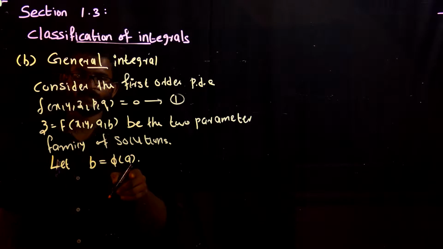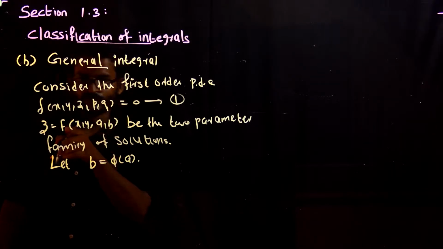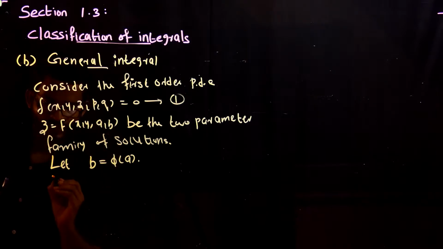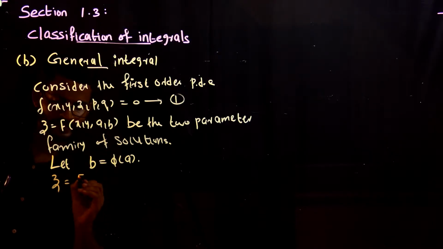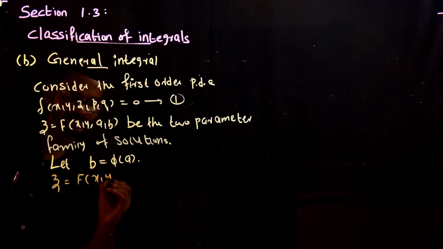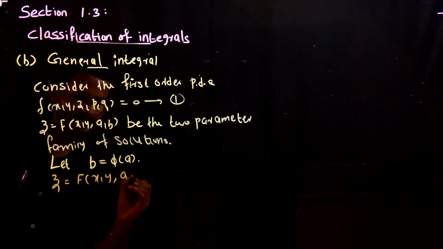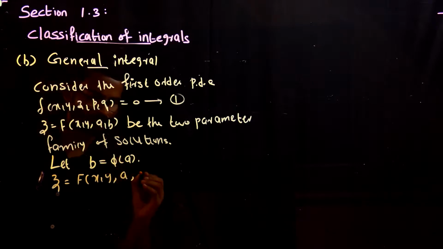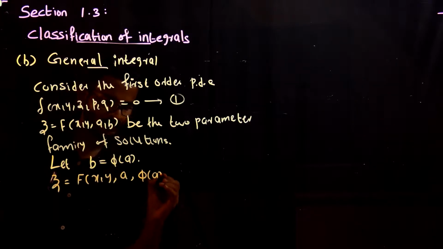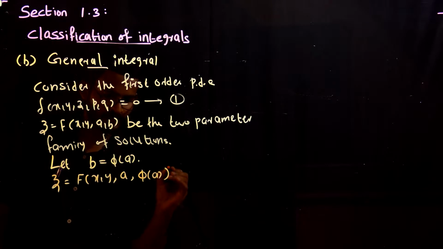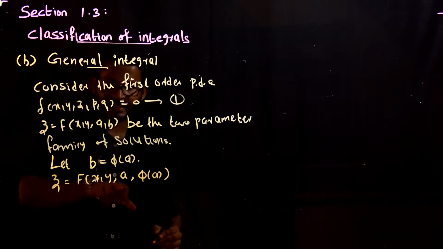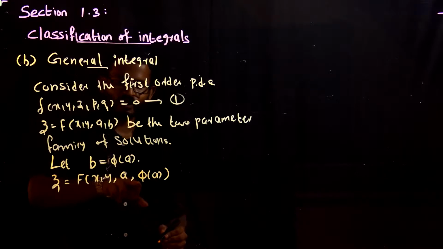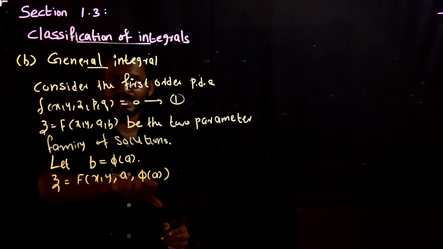Then this two parameter family of solution becomes z is equal to capital F of x, y, a, and we substitute b equal to phi of a. Now this is the solution which has only one parameter, and that is a.